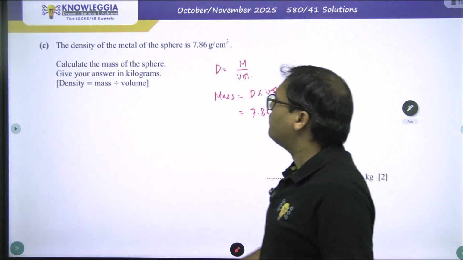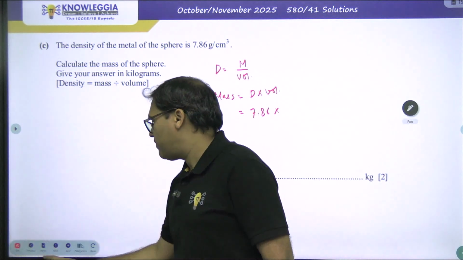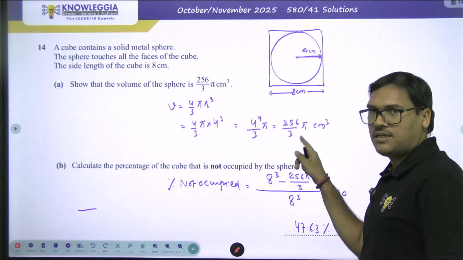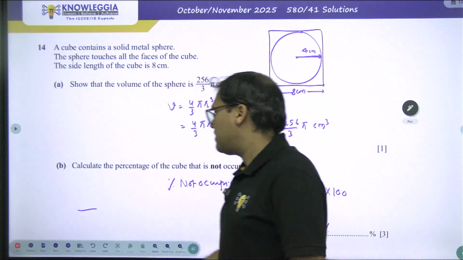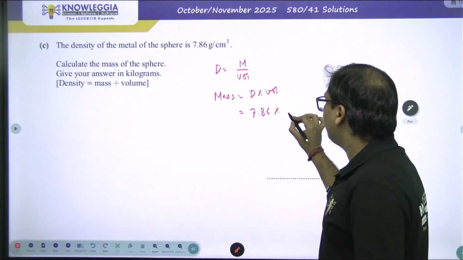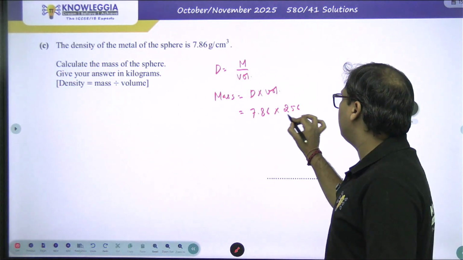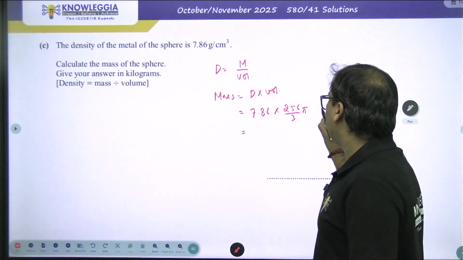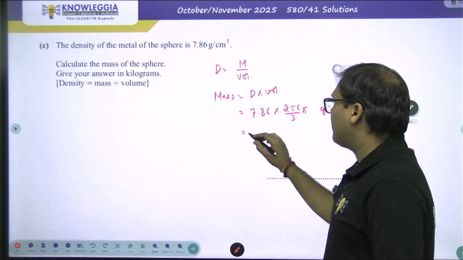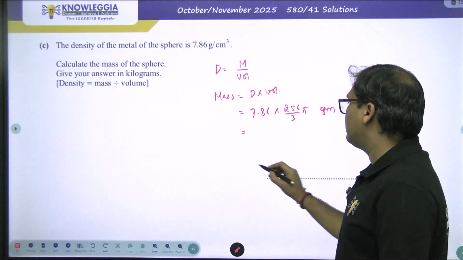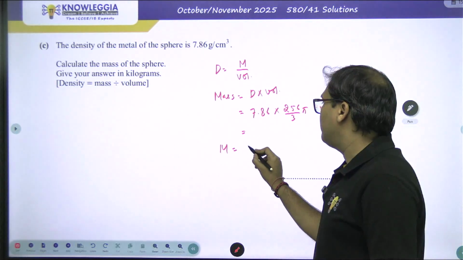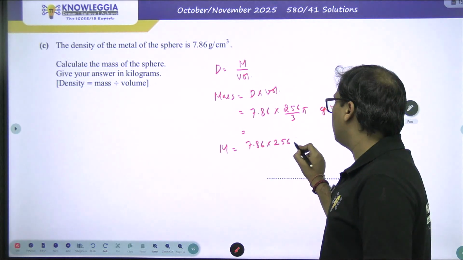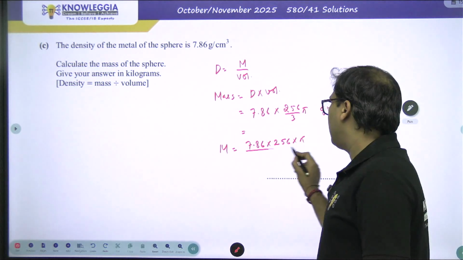And what is the volume of the sphere? This is the volume of the sphere we just discussed, 256 pi by 3. So you can just put 256 pi by 3. That will be in grams. Okay, and you have to write the answer in kilograms. So mass will be equal to 7.86 into 256 into pi divided by 3.